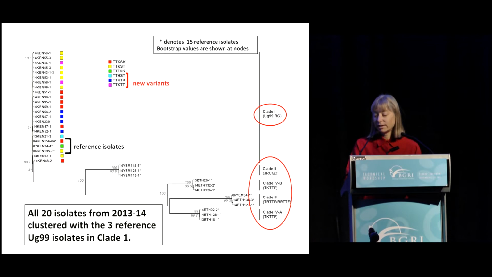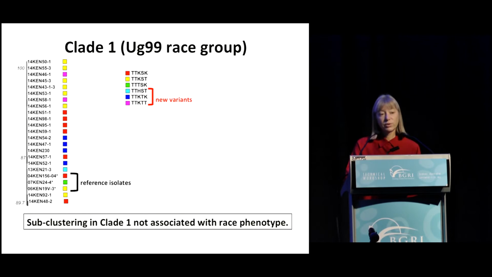Now the 20 isolates from the 2013 and 2014 collections clustered very tightly with the 3 UG99 isolates in Clade 1. So this is definitive evidence that the new races are genetically related to the UG99 races. And focusing just on Clade 1, the UG99 race group, the isolates are color-coded by race.